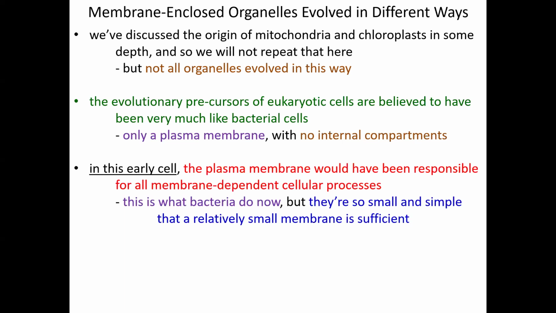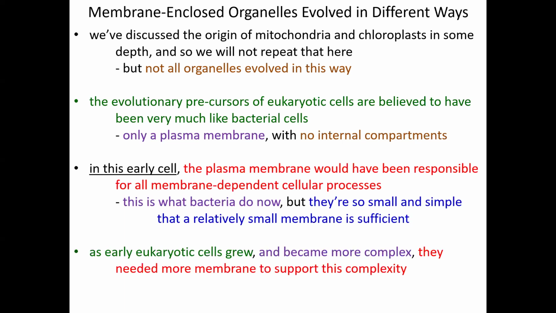Modern-day bacteria are counting on their cellular membrane to do all of the membrane-specific biochemistry needed for life to be possible. Now, for prokaryotes, that's okay because they're so small and so simple. They don't really need that much biochemistry, and so a relatively small membrane gets the job done.